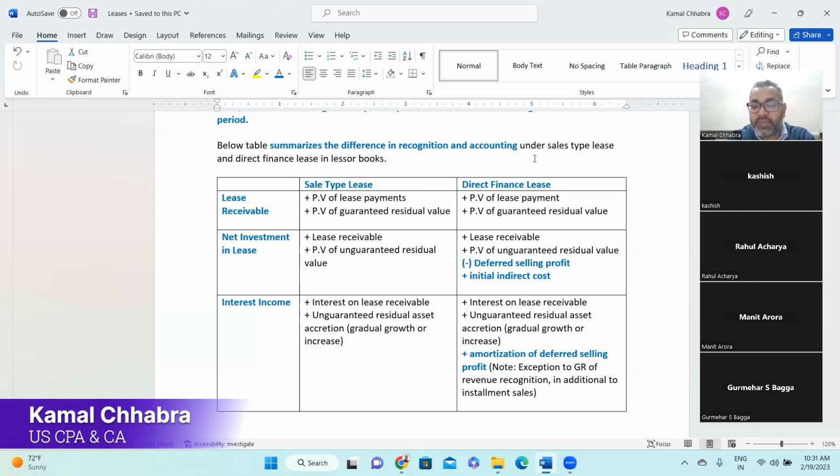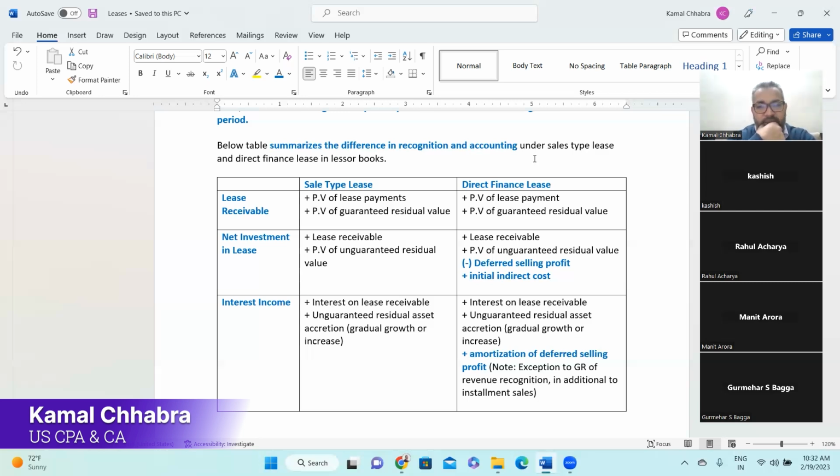In the net investment which you have reduced, along with the interest income, you will start adding those selling profits and start recognizing them over the period of time. So this is similar to the exception to the general rule of revenue recognition in addition to the installment sale, right? So these are different accounting treatments for the sales type lease and direct finance lease, which you need to consider in the books of the lessor.